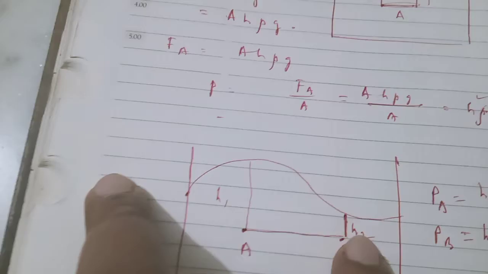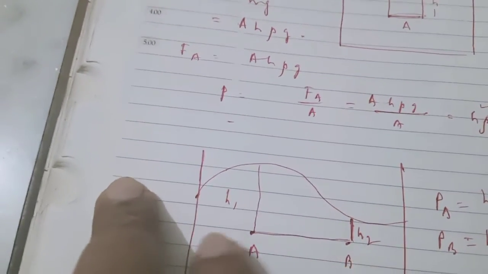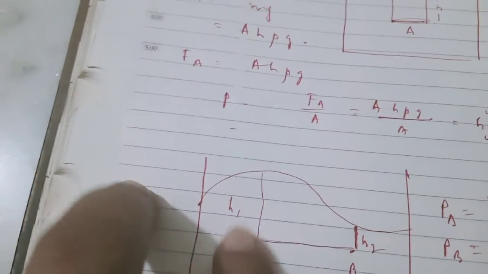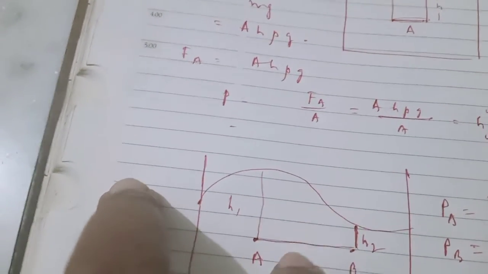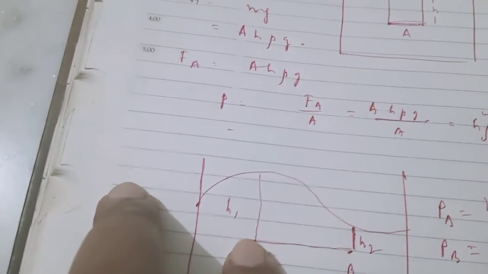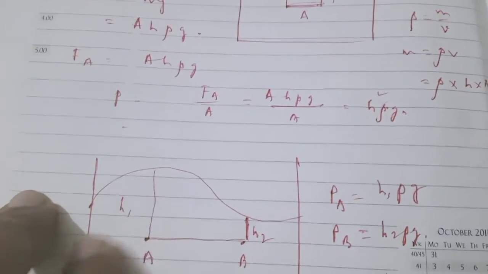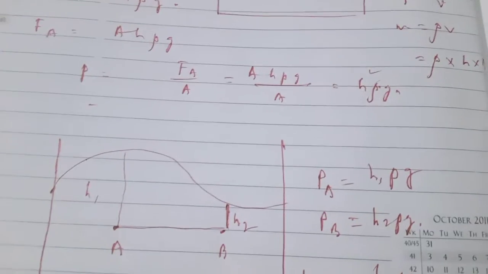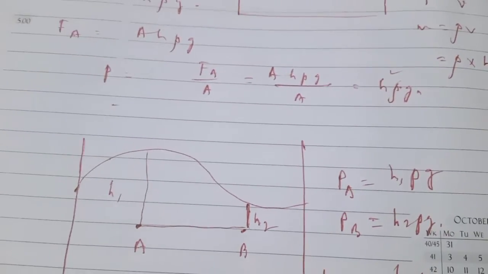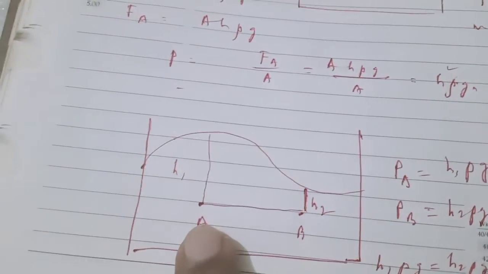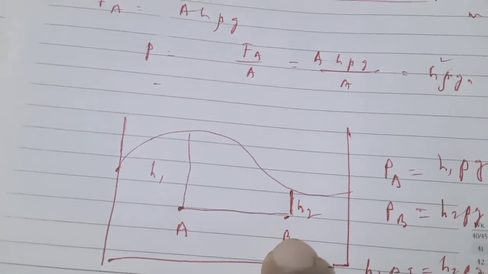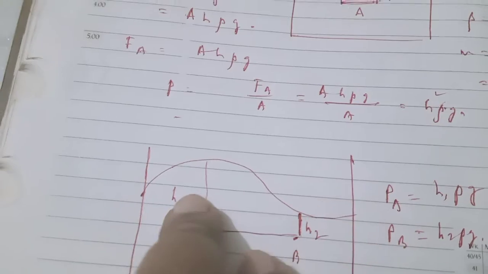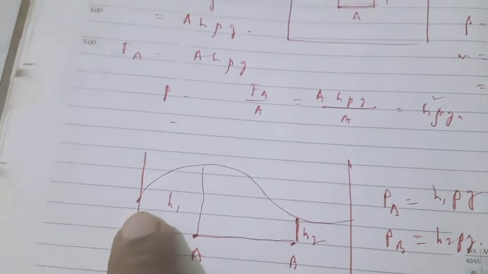Now we are considering 2 points at the same horizontal level. One is A, another is B. Now this height is h1, this height is h2, density is the same. So pressure at point A is h1 rho g. Pressure at point B is h2 rho g. Now we know that liquid pressure at A must be equal to the liquid pressure at B, because at all points on the same horizontal plane inside a liquid at rest, pressure exerted by the liquid is the same.